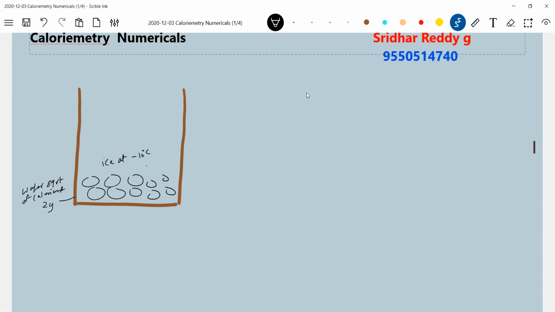So what is the amount of ice? Let it be 10 gram. For this, I'm going to add water, 20 gram of water at say like 10 degrees Celsius.